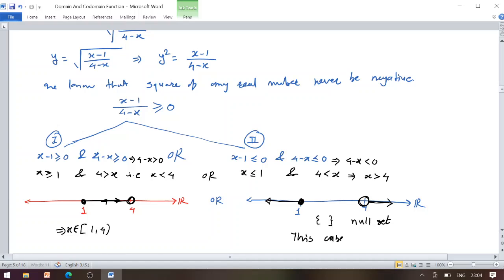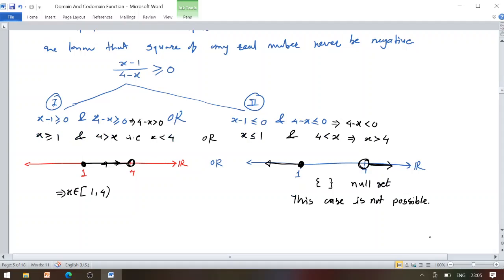So now the values of x must lie in the semi-closed interval [1, 4). So we might have now our domain equal to the semi-closed interval [1, 4).